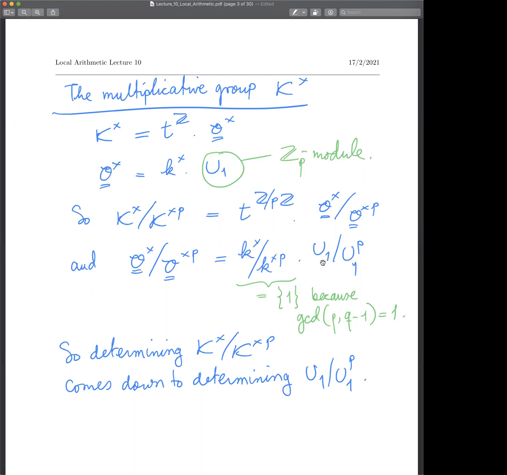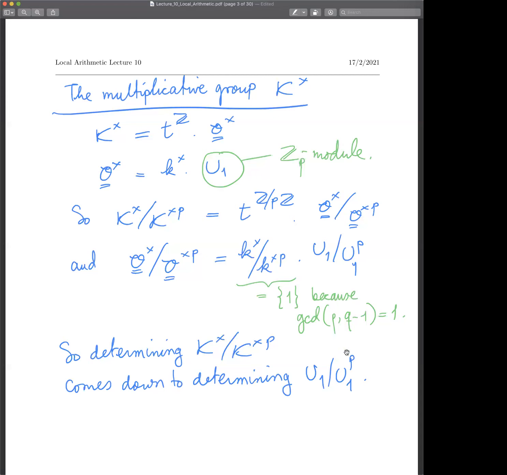But the other factor is U1 modulo U1 to the power p. And that's what we are going to determine today. And that will determine K star modulo pth powers completely. Because we understand this group, this is cyclic of order p with a canonical generator, more or less. And this is trivial.